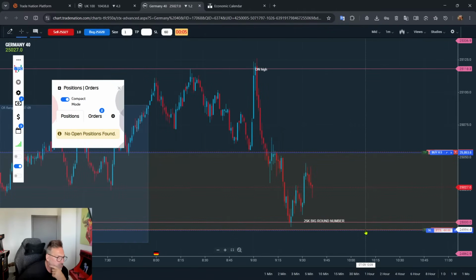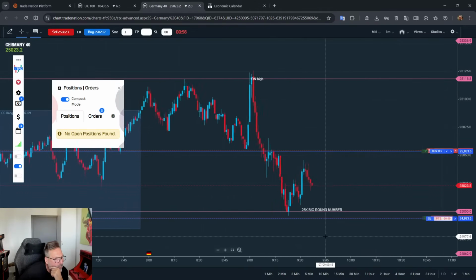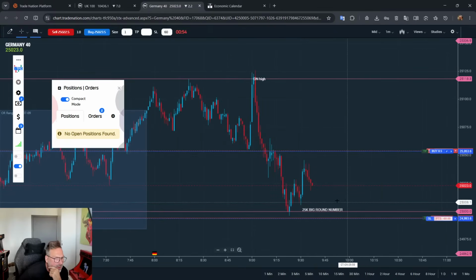Maybe we are establishing that trading range now, with the bottom being the 25,000 mark and the top here, the overnight high.